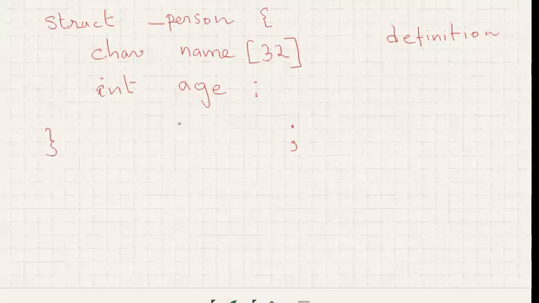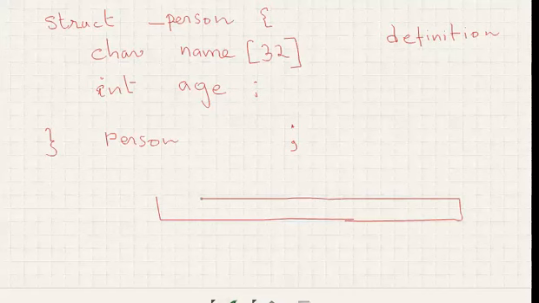If you want to allocate memory, you have to declare a variable, say person. Now, a person is a variable, a data structure with first 32 bytes, let's say this is 32 bytes for the name and 4 bytes for the age.